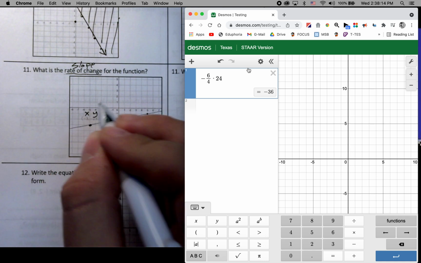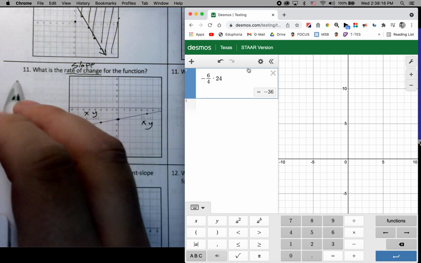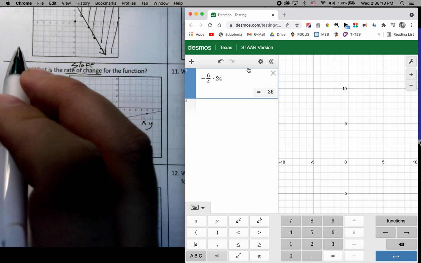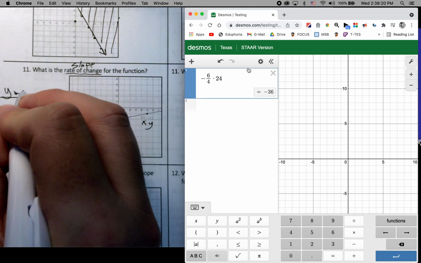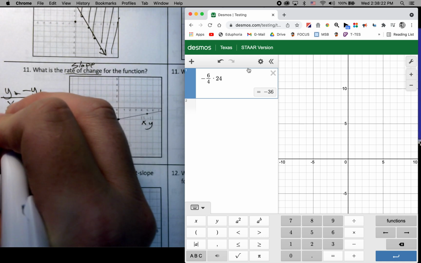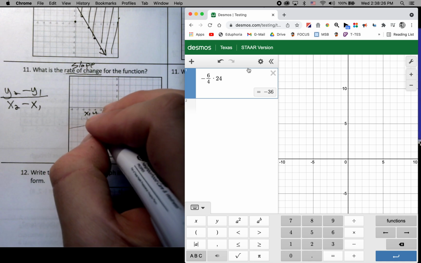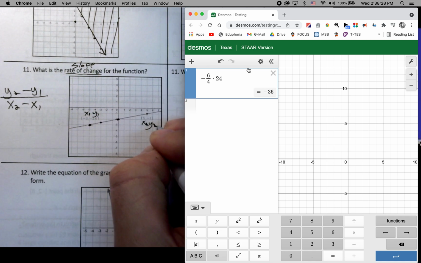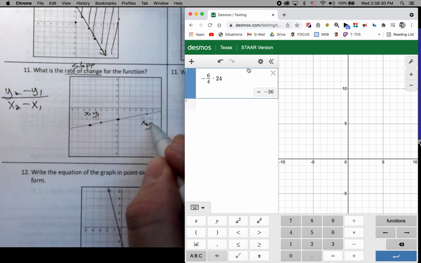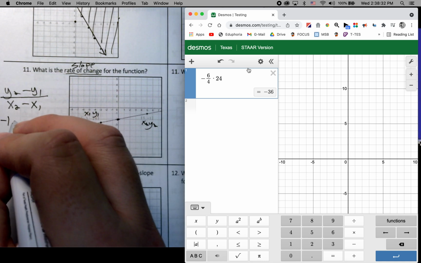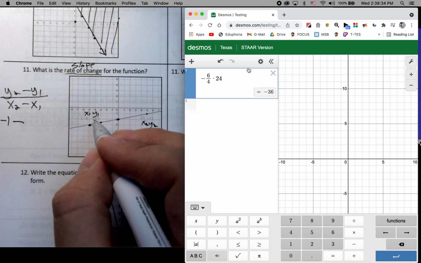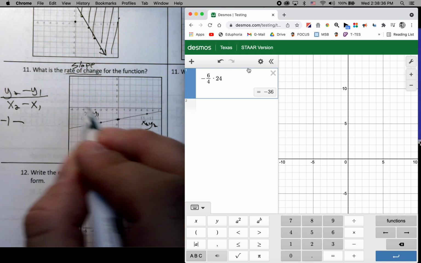XY, XY, okay? And that's what I'm going to do. I'm going to use the slope formula. Y2 minus Y1 divided by X2 minus X1, okay? And I'll say 1, 1, and 2, 2, okay? So Y2 is negative 1 minus Y1, which says negative 2.6.